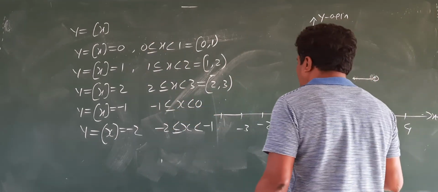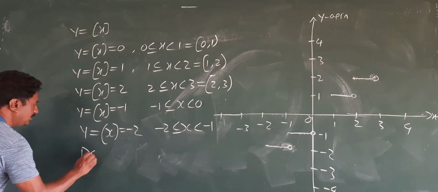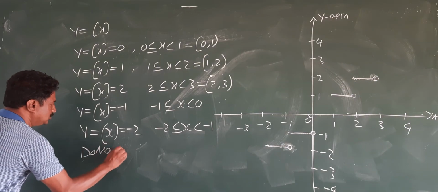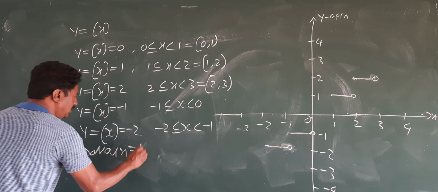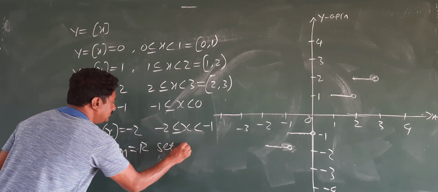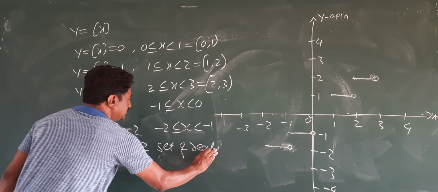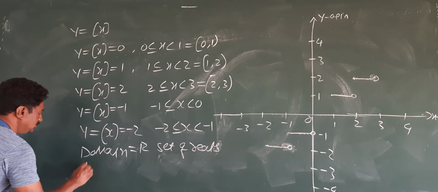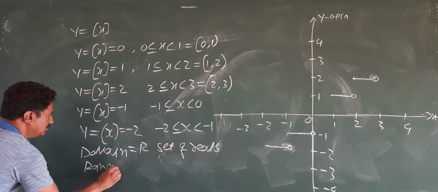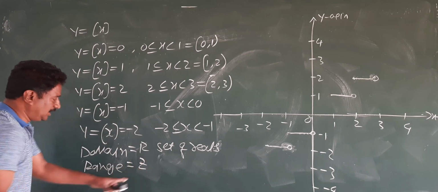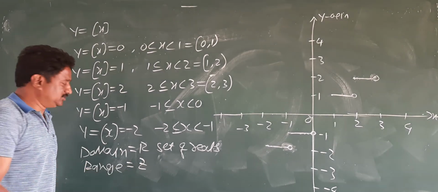Now write the domain and range. The domain is the set of reals. The range is Z. What is Z? The set of integers.